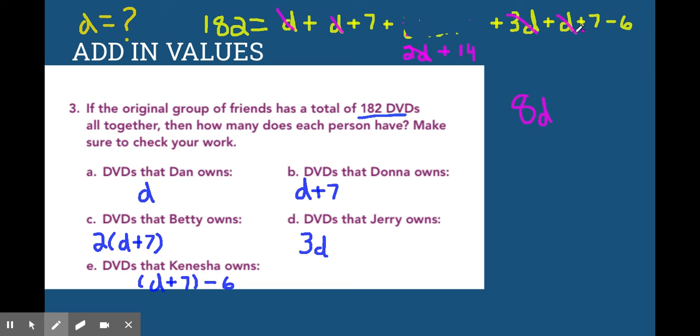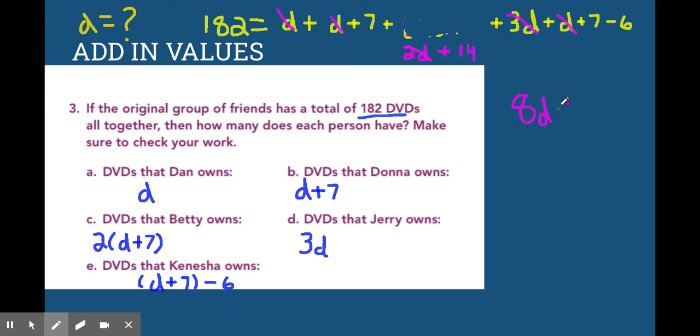Now I'm left with my whole numbers here. So I'm going to add my whole numbers together. I'm just adding, or I'll have to deal with subtracting here, but we'll see how that works. So 7 plus 14 gives me 21, plus 7 gives me 28, minus 6 gives me 22.